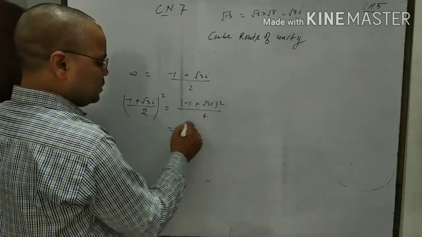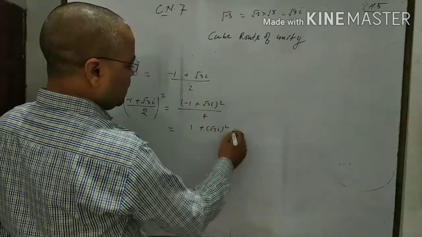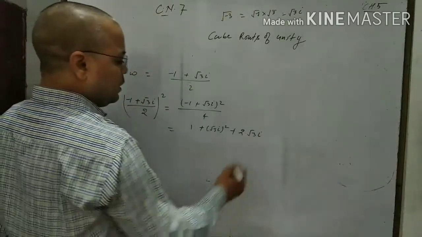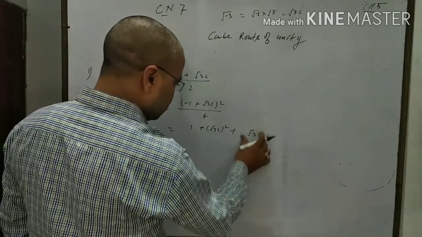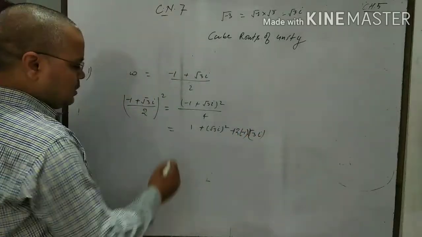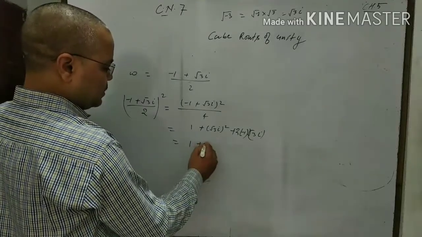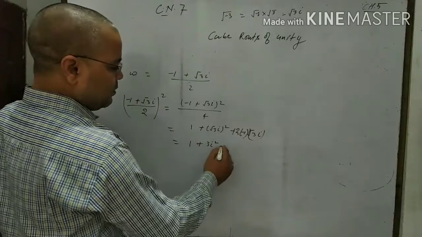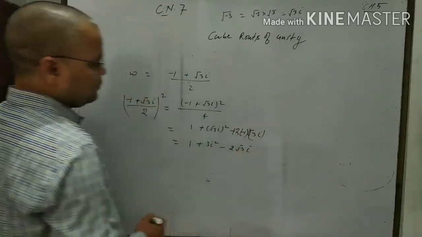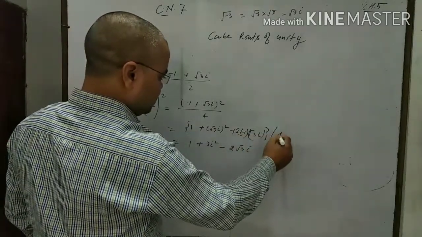a square, that is 1, plus b square, root 3i whole square, and plus 2ab. 2a means -1 and b means this one, then it will be 1 plus 3i square minus 2 root 3i, and in denominator there is 4.